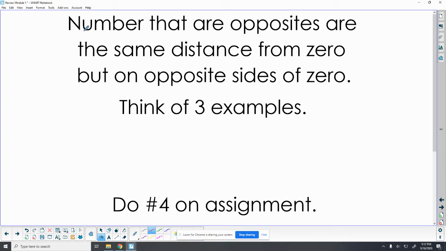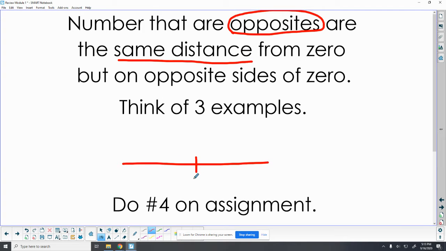Next, we have numbers that are opposites. Opposites are the same distance from 0. So let's take a look here. If we have our number line with 0 in the middle, and if I count over 1, 2, 3 places to the right, and 1, 2, 3 places to the left, I end up with -3 and 3.